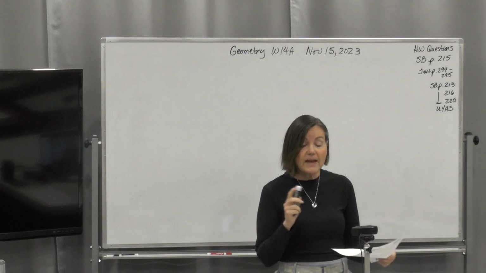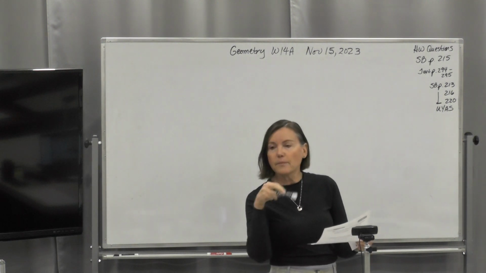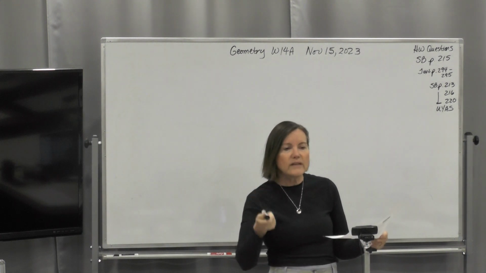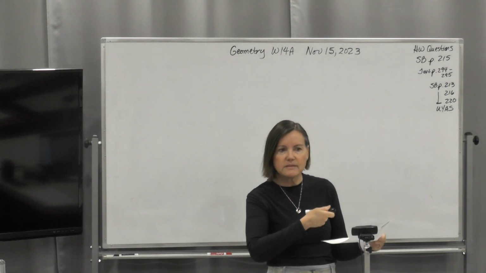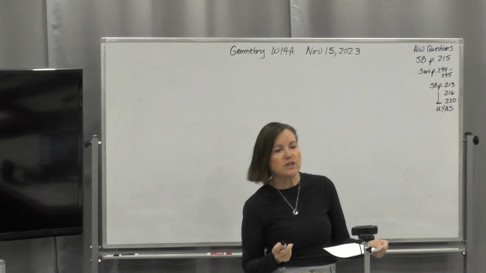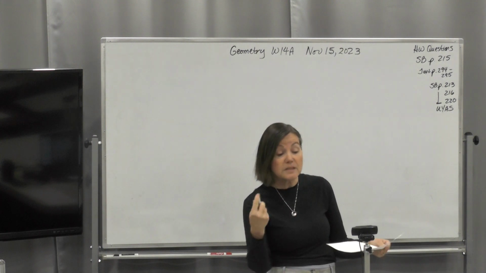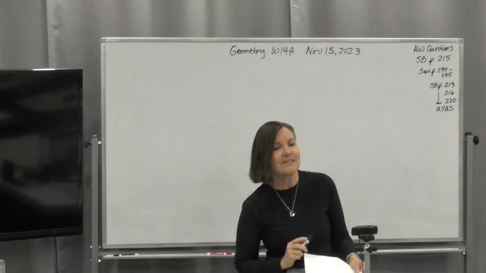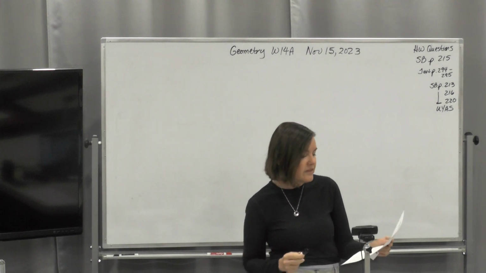Yes. And here's the thing, this is like thinking about a Venn diagram, like sets. All rectangles are parallelograms, and the diagonals of all parallelograms bisect each other. That's why we keep emphasizing that if it's a parallelogram, then everything we know about a parallelogram applies to that figure. So we do know that they bisect.